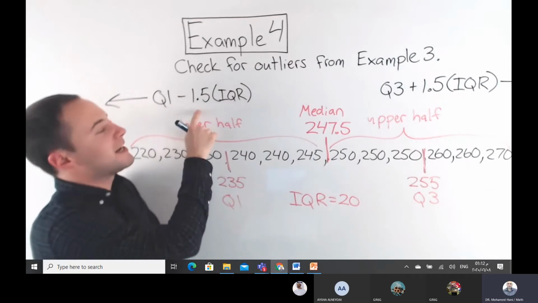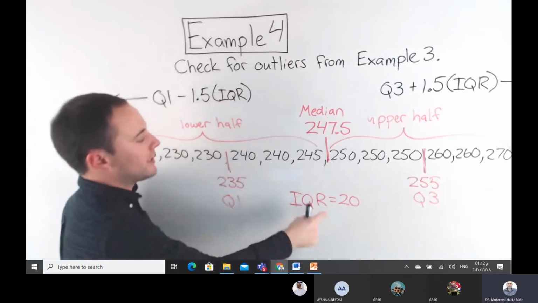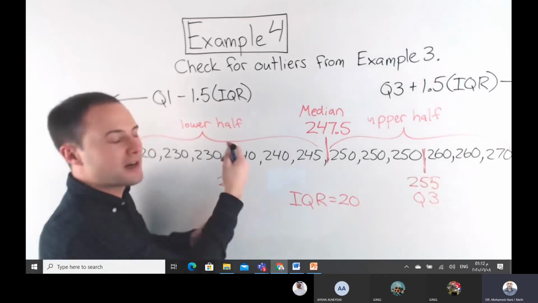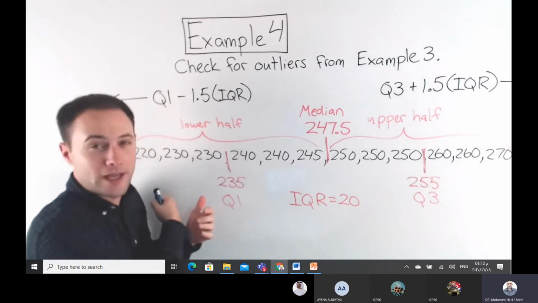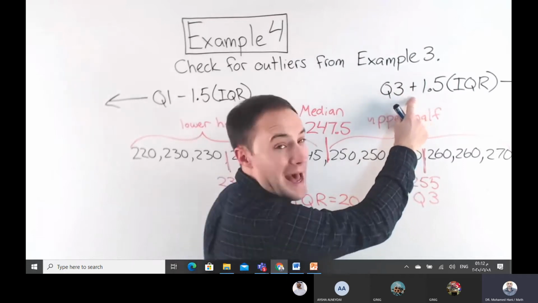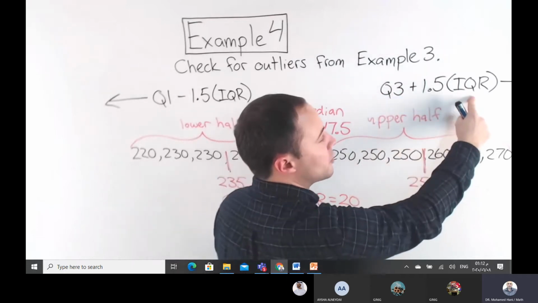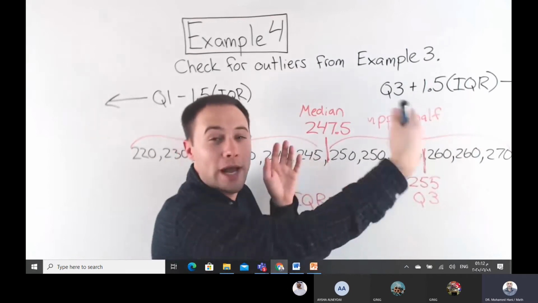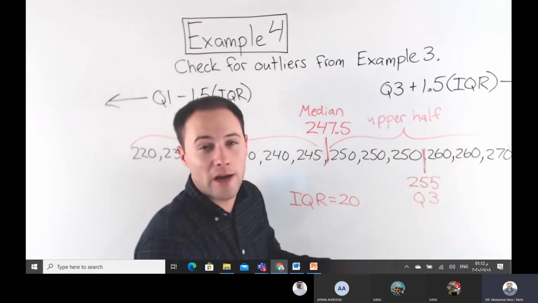Q1, your first quartile, minus 1.5 times your interquartile range. If you have any values less than that result, they would be outliers. Same thing here: you take your third quartile and add 1.5 times the interquartile range. If you have any values greater than that result, those would be outliers as well.